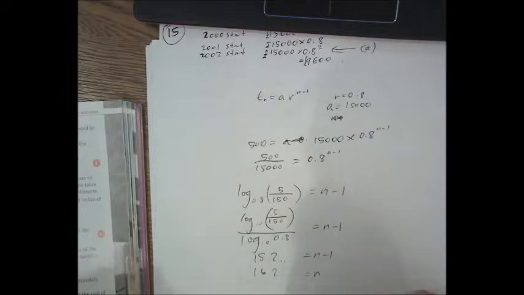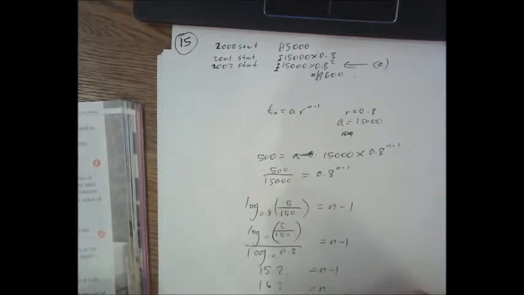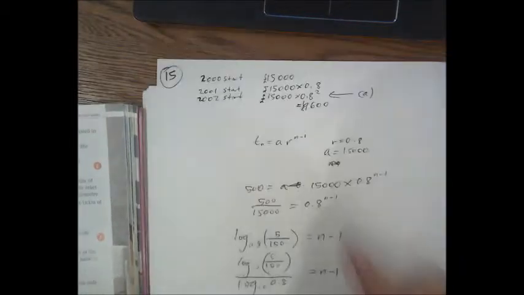So 16 terms, it's above 500. At 17 terms, it's below 500. Now link this back up to this.